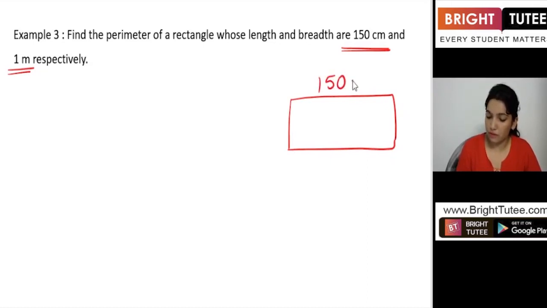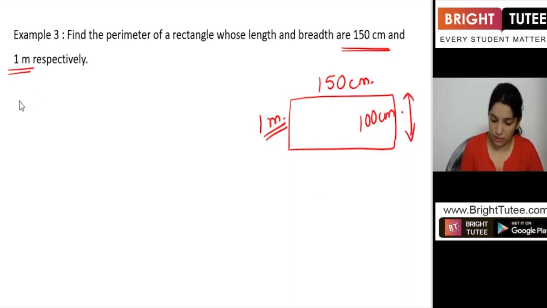How can I write 1 meter in centimeters? I am going to convert meters into centimeters. So 1 meter is basically 100 centimeters. So this breadth I am writing as 100 centimeters. Clear? Let us use the same.